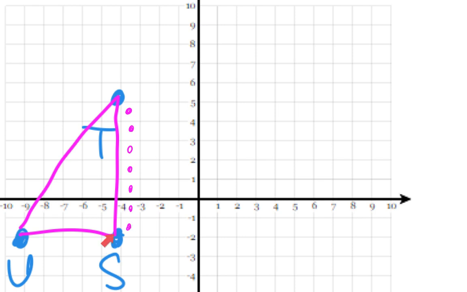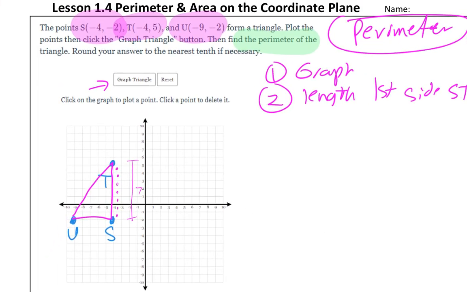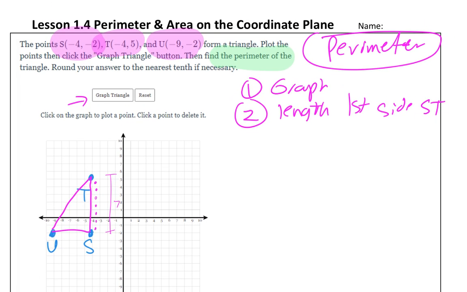Or I could start here, 0, then 1, 2, 3, 4, 5, 6, 7. Either way, I know this much right here is 7. So the length of our first side is 7. ST equals 7.